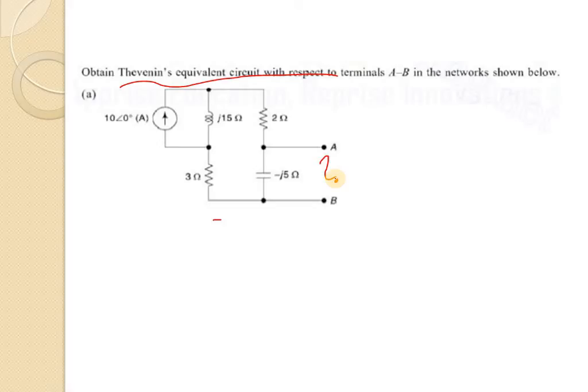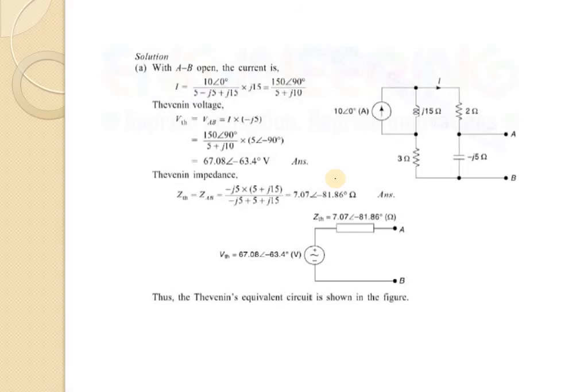That means we have to imagine that in AB terminal there is load and across AB terminal there will be now VTH and there will be now RTH to draw the equivalent Thevenin's network. Okay, so first for drawing this one we have to remove all the sources present in the network to calculate the Thevenin's impedance.